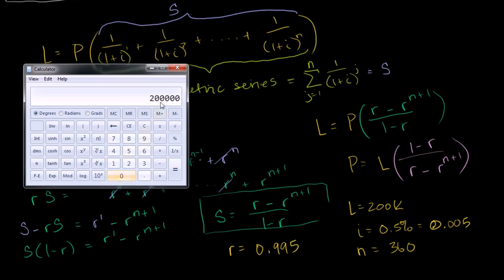So that is 200,000 times 1 minus r, so 1 minus 0.995, divided by r, which is 0.995 minus 0.995 to the, now n is 360 months, so it's 360 plus 1, to the 361 power.